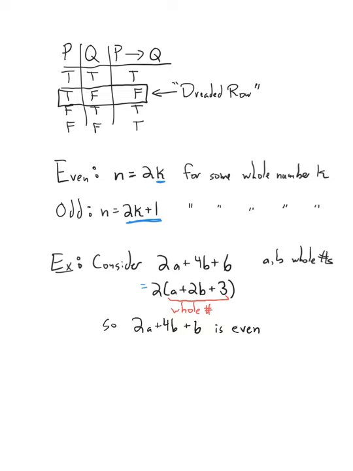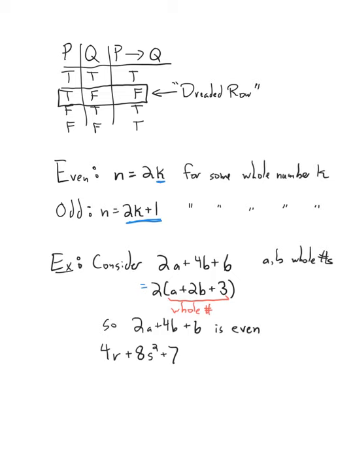And similarly, let's do something like this: 4r plus 8s squared plus 7. Let's look at this expression. And you could say, well, we have the squared here.